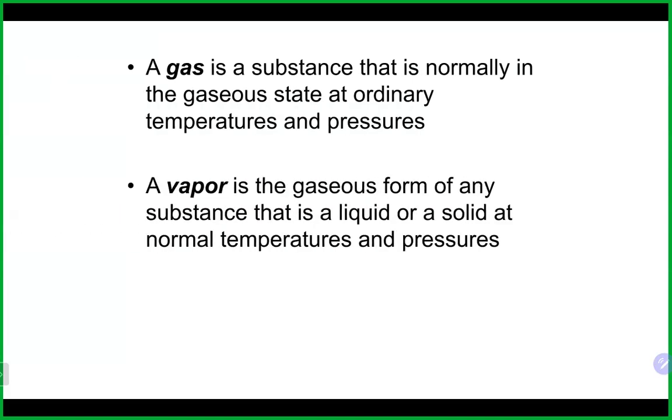So this is an important distinction when we talk about a gas and we also talk about a vapor. A gas is usually referring to something that is normally found in the gas state under normal conditions, like everyday, 25 degrees Celsius, 1 atmosphere. A vapor, on the other hand, is something that is normally found in the solid or liquid state, but it can be converted into the gas phase.